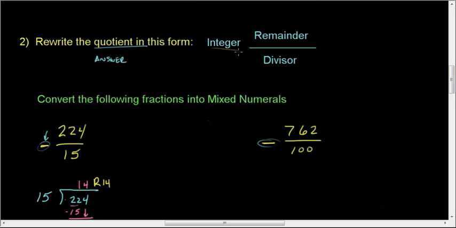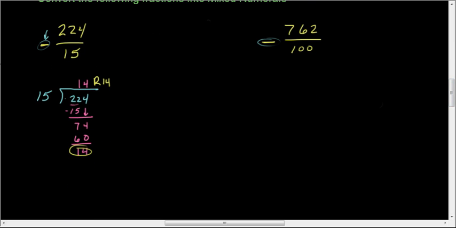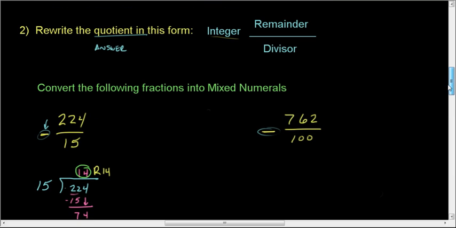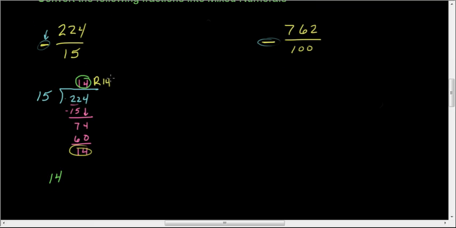The integer from the answer is the integer that I put out front. Then my numerator for my fraction portion is my remainder, this 14, so that becomes 14 fraction bar. My denominator is the divisor. And so there's the converted mixed number.